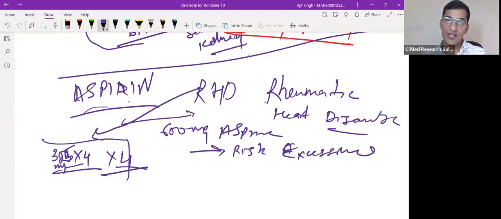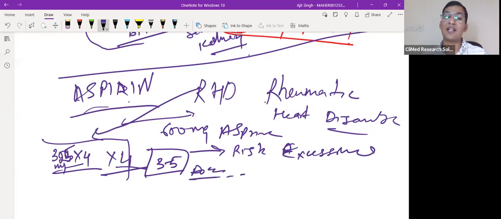Can you imagine that? 3 into 4, 12, 12 into 4, almost 3 to 5 grams per day of aspirin we can give in RHD cases to suppress the inflammation.